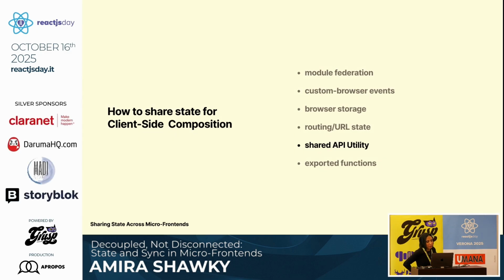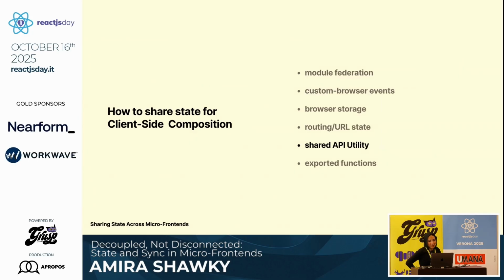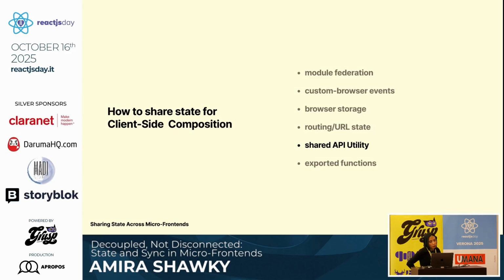We also have a shared API utility. It is responsible for caching fetch or XHR requests and their corresponding responses, effectively reducing the amount of network requests and improving the responsiveness of the application.